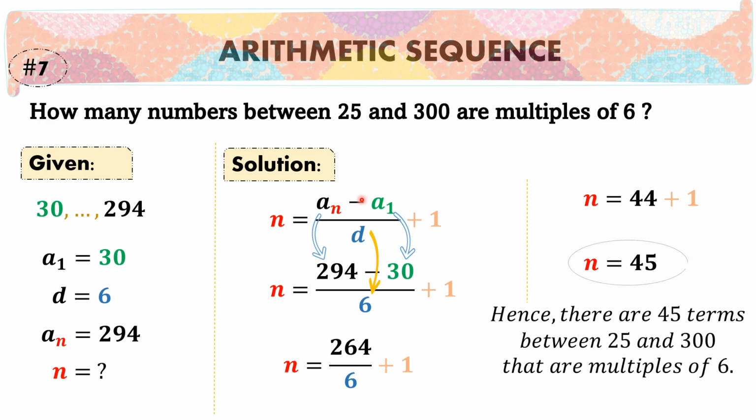Hence, there are 45 terms between 25 and 300 that are multiples of 6.